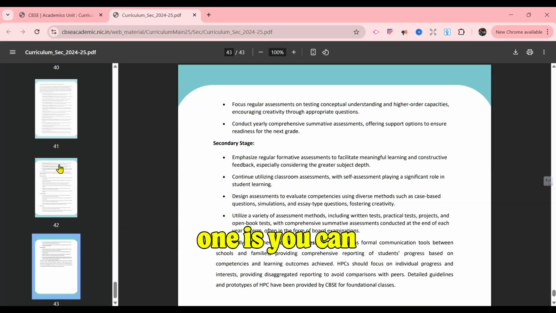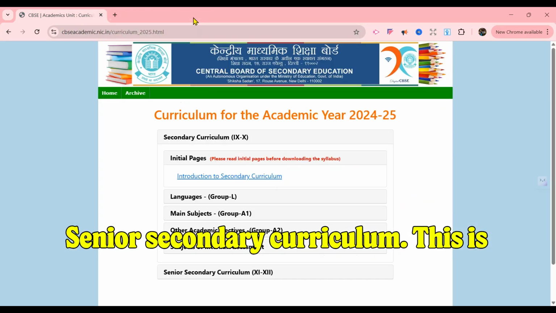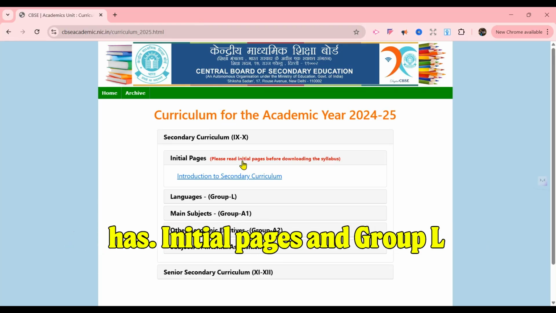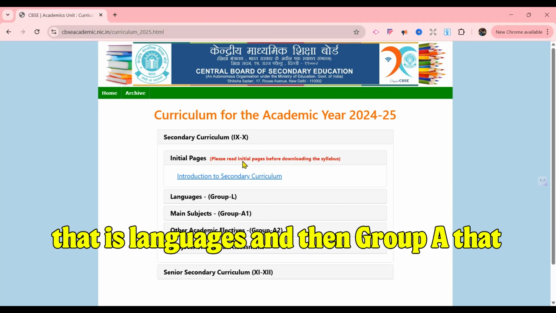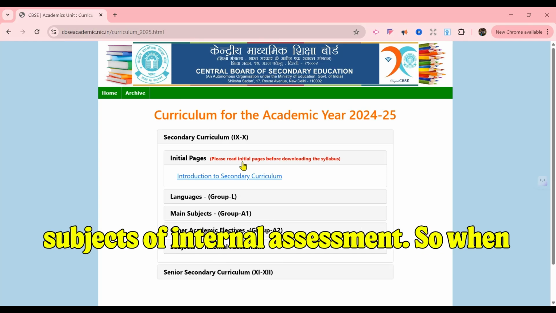The next one you can click on is the senior secondary curriculum. This is meant for grades 11 and 12. Again, this has initial pages and group L, that is languages, and then group A, that is academic electives, and finally the subjects of internal assessment.